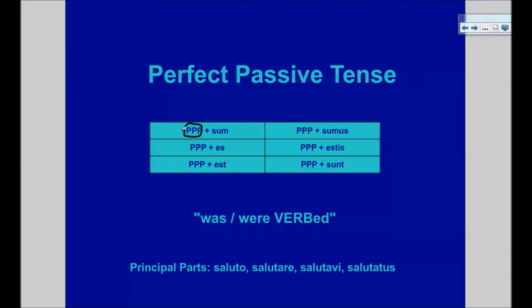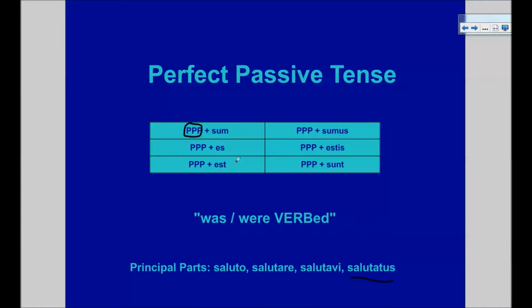They're two separate words. So, for instance, if I wanted to create a perfect passive tense verb, I'm going to take my fourth principal part, salutatis, and then I'm going to write whatever form of the verb to be the subject corresponds with.